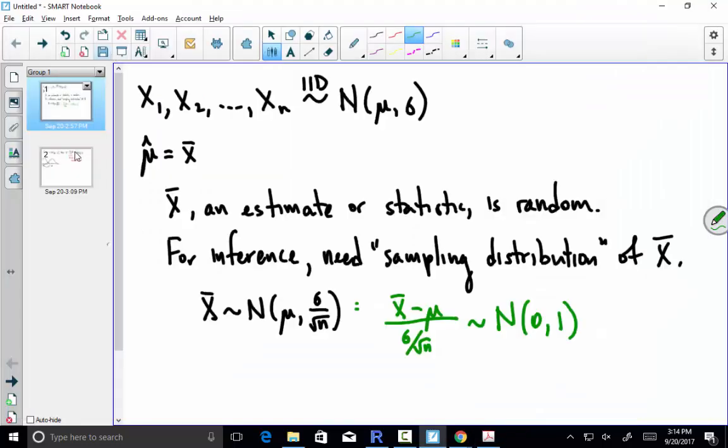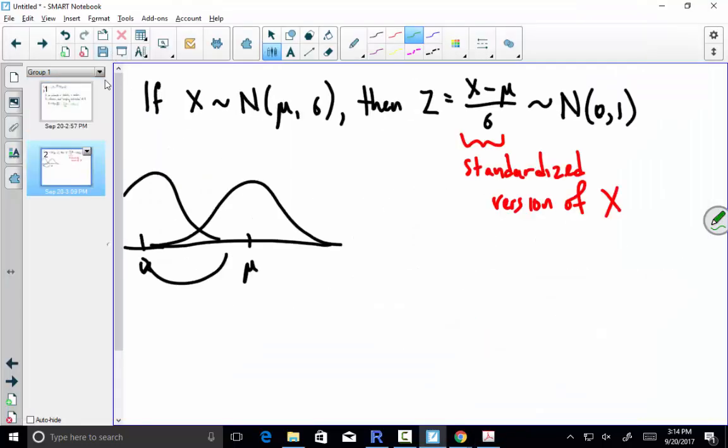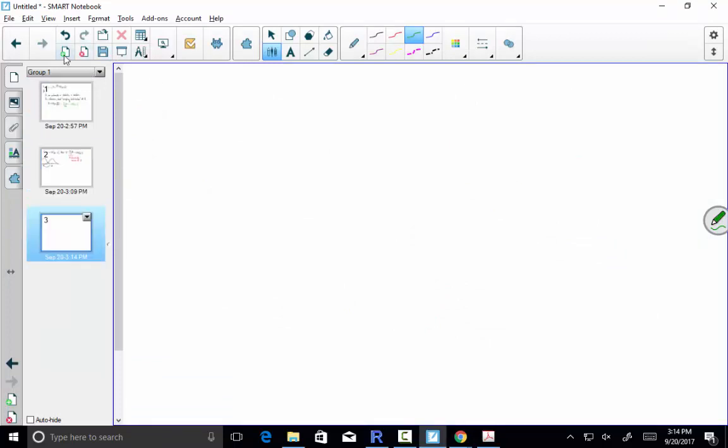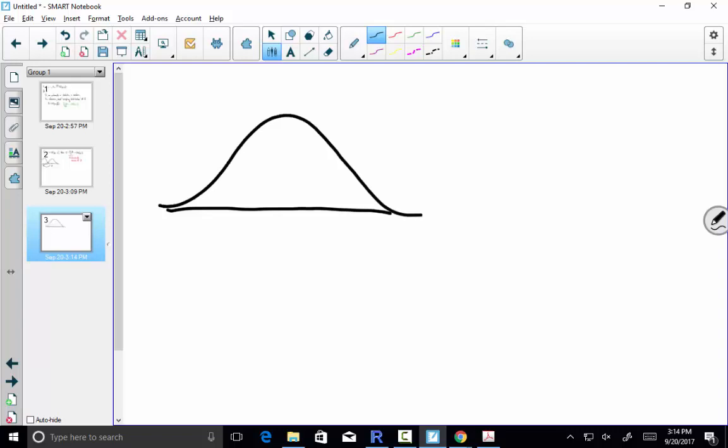Just FYI, if this is the standard normal, then this is the t with n minus 1 degrees of freedom.